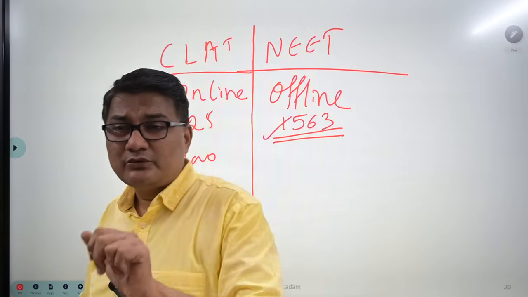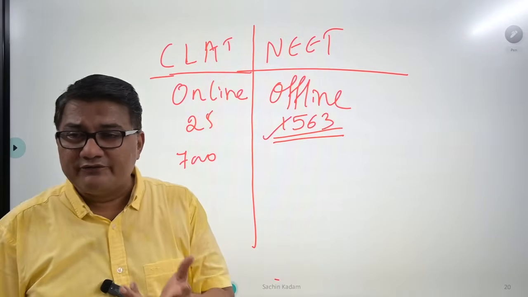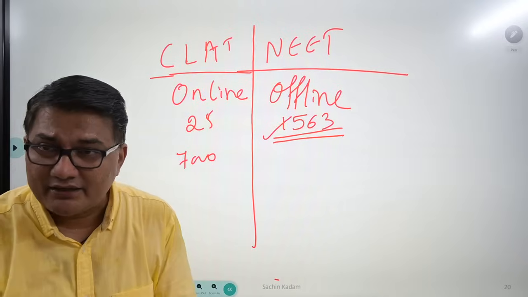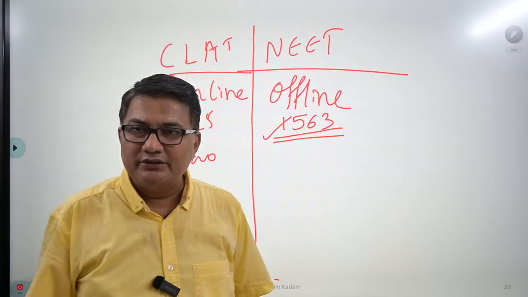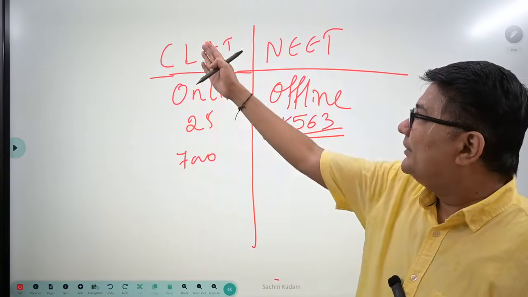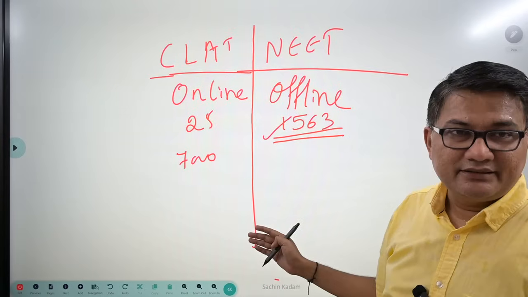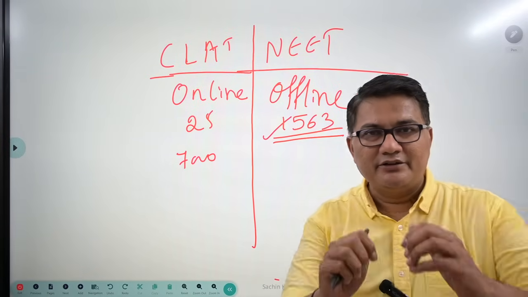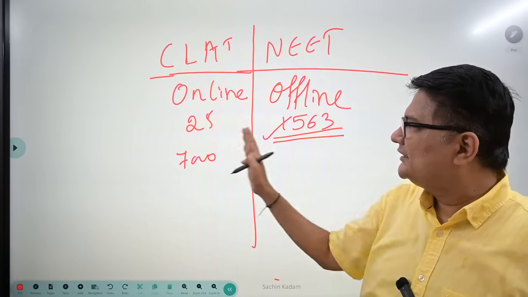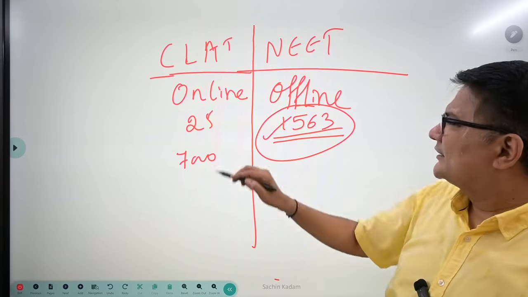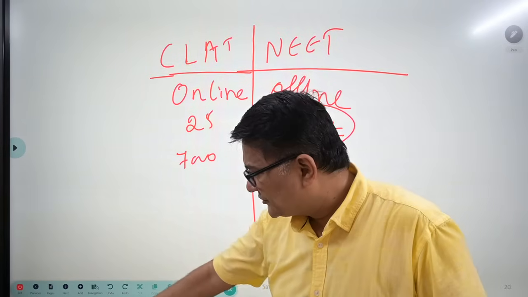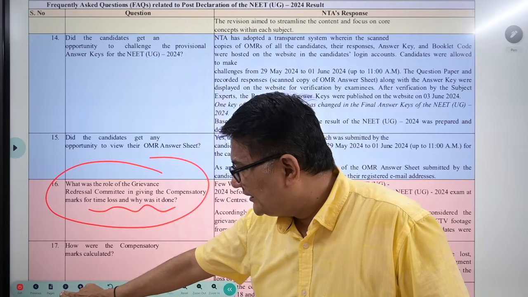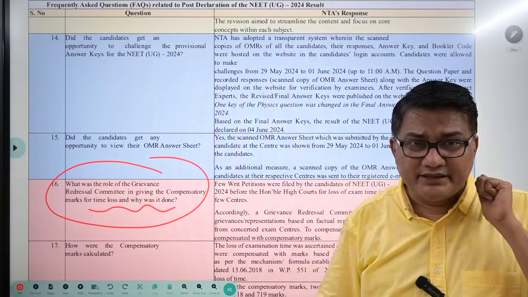What about the student from a rural background who cannot afford this or who is not aware of this? They are going to lose. So comparing CLAT with NEET, I'm leaving it on you guys only. You decide whether it was the right thing to give marks only to 1563 students. But this is what NTA did. Now comes the next question.